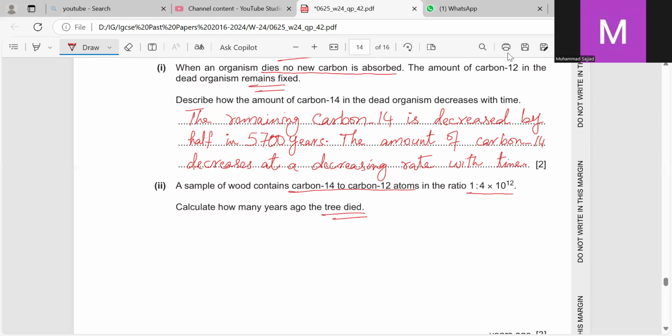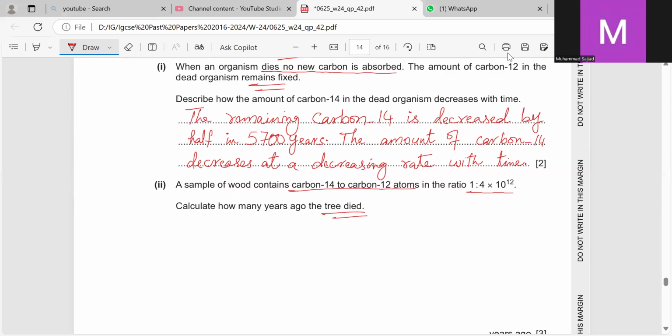For this purpose, we need to know how many half-lives are gone. Here we will be getting the number of half-lives by the ratio of carbon 14 to carbon 12.